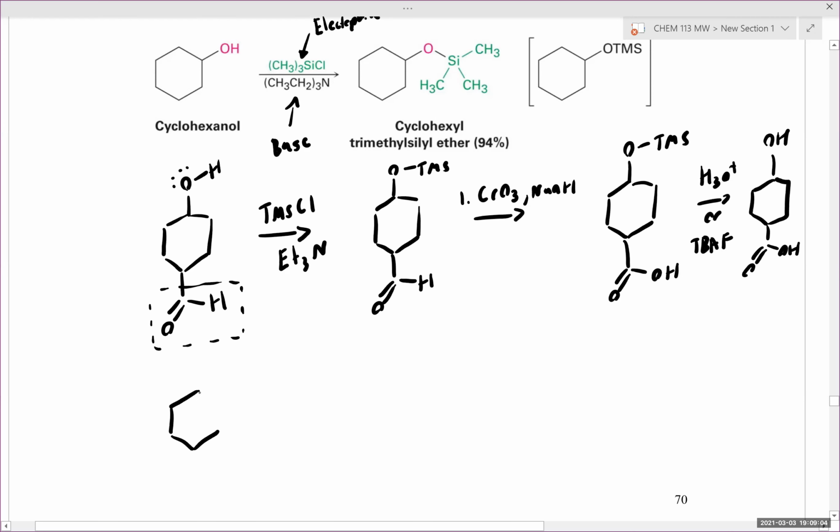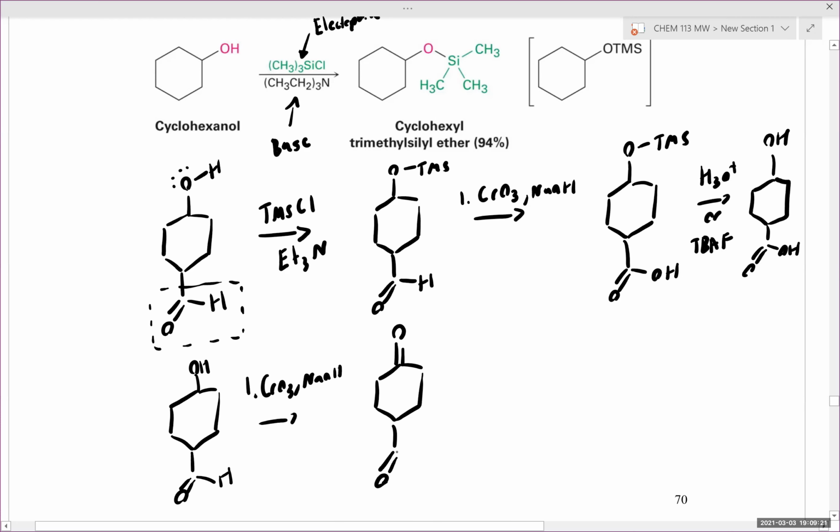You can contrast this with what would occur if we try to use an unprotected alcohol in this process. If we try to oxidize under basic conditions, we would end up oxidizing our alcohol functionality as well.